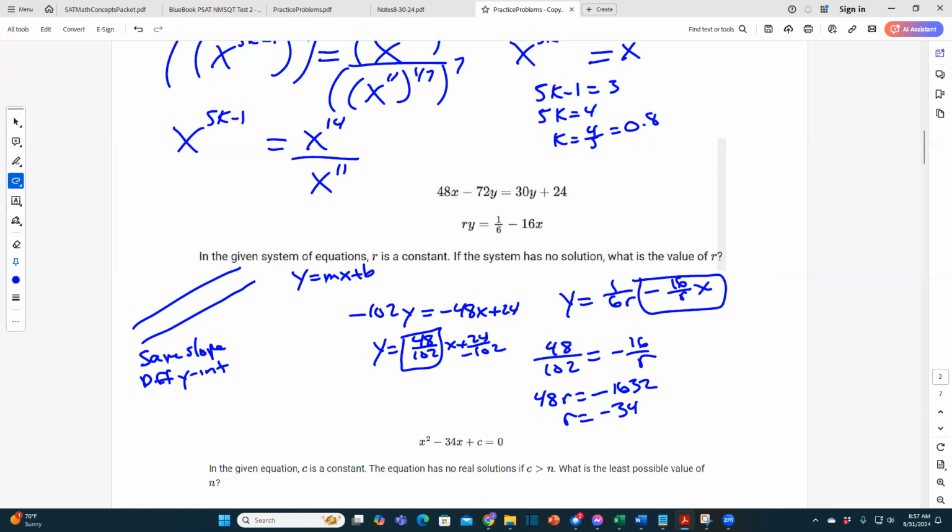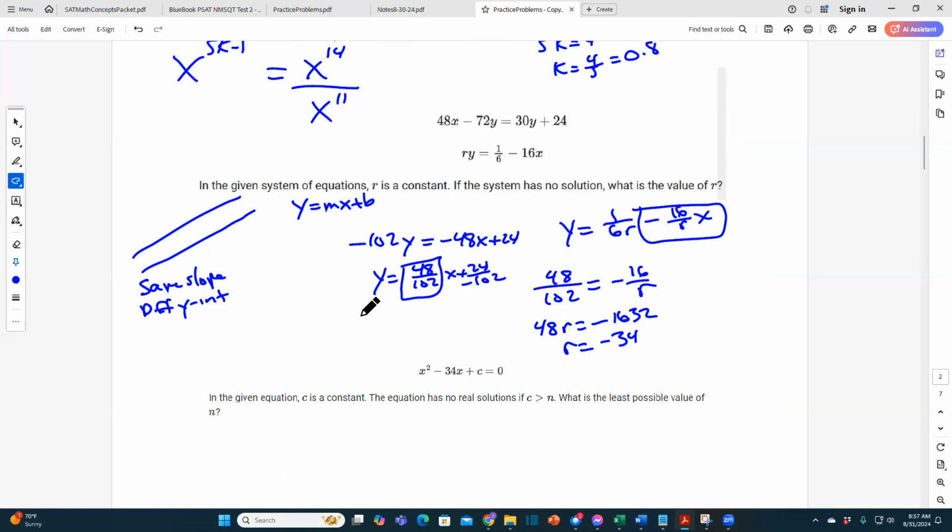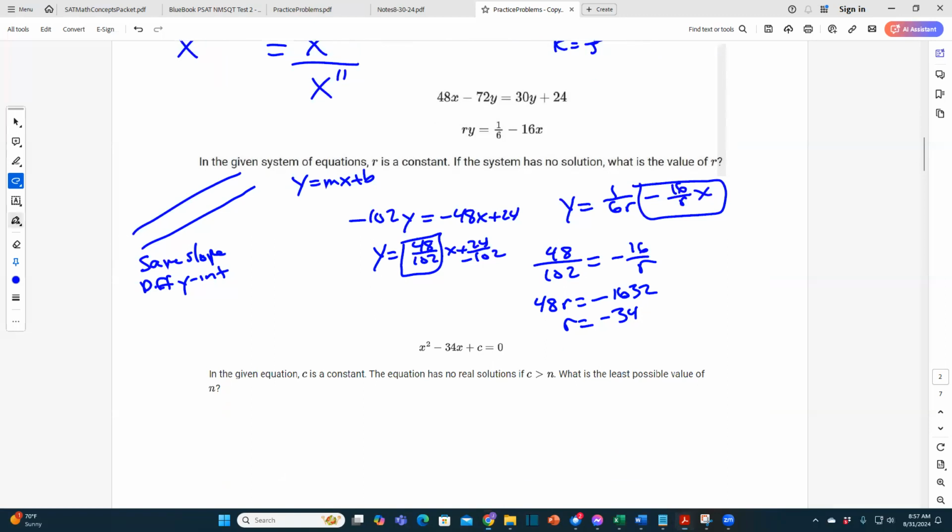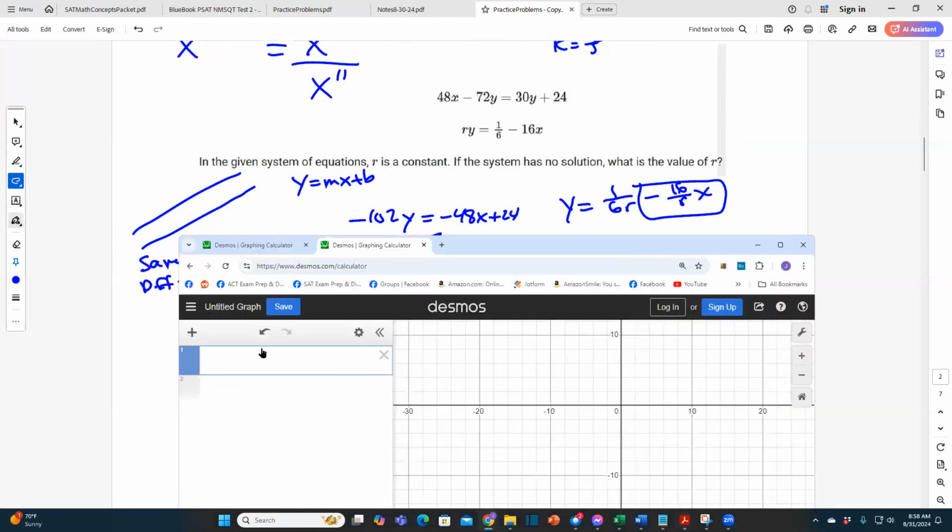Okay. Now in Desmos, this one's going to be tricky sometimes, especially if the constant that you're changing is not an integer. Okay, so put it in just like it is.